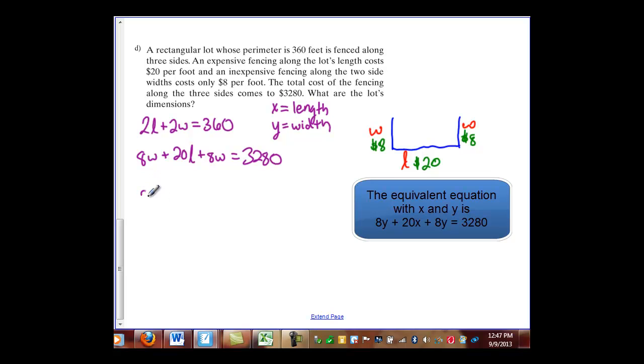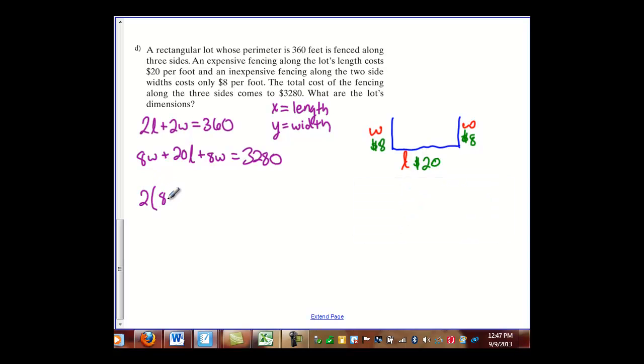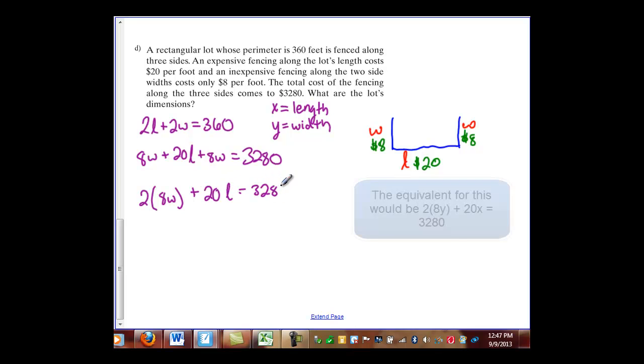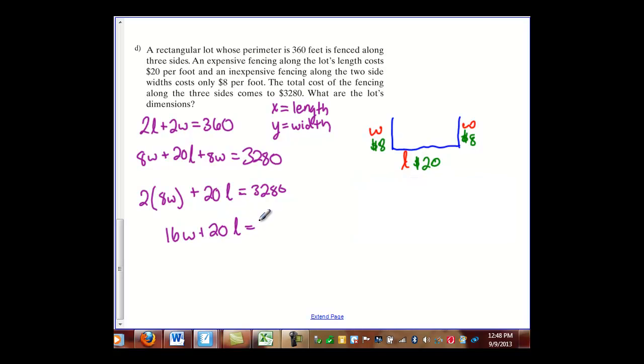So we could have said 2 times (8W) plus 20L equals the 3,280. Either way, both of these are going to end up getting you to 16W plus 20L equals the $3,280. And again, money, money, okay?